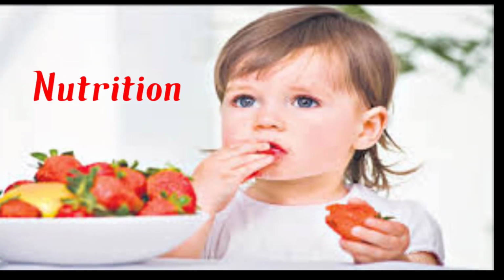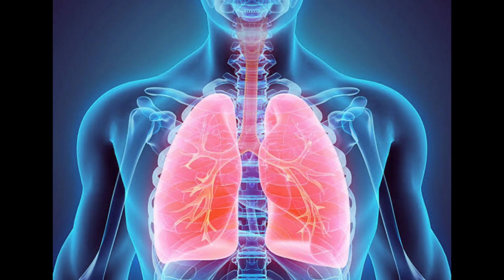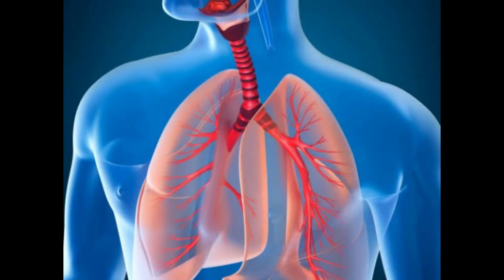The process of nutrition involves the taking of food inside the body and converting it into smaller molecules which can be absorbed by the body. Respiration is the process which releases energy from the food absorbed by the body.